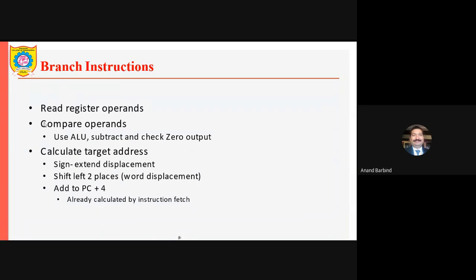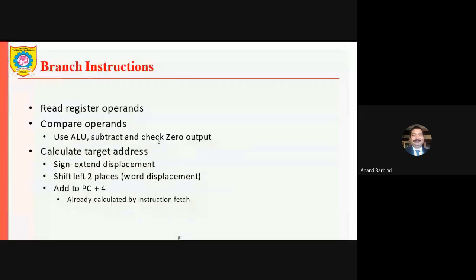In case of such a conditional branching instruction, the ALU will be used to compare the operands. The arithmetic and logic unit subtracts the two operands which are in the two different registers, and after subtraction, it checks whether the output is 0 or not.